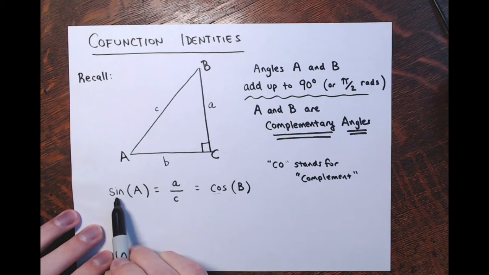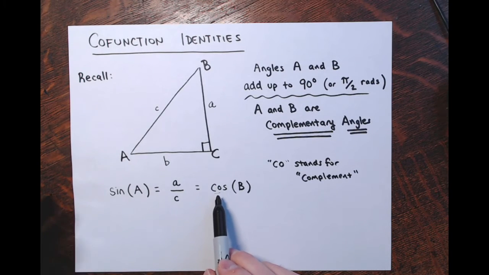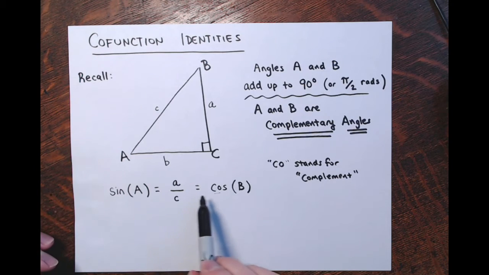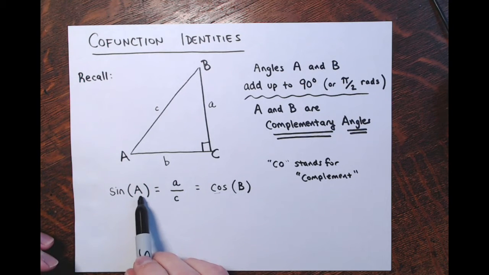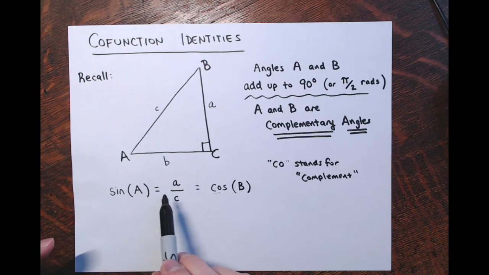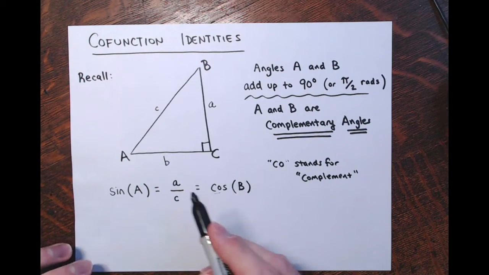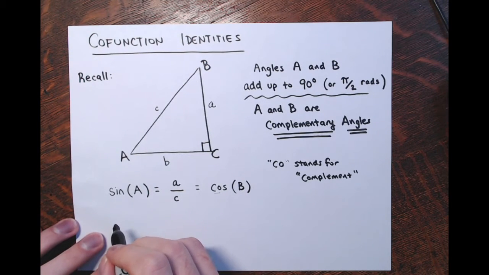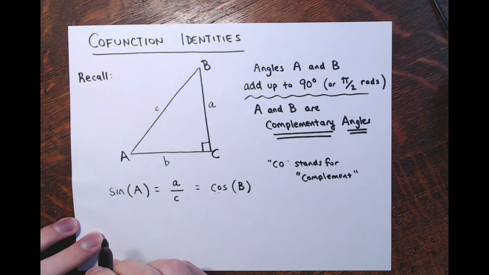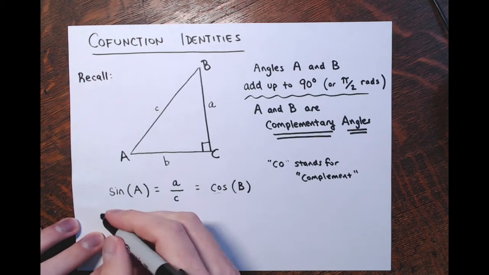So you have sine and complement of sine, cosine. And you see how the angles inside here are complementary angles. So the sine of one angle will be equivalent to the cosine of the complementary angle. Same thing goes for secant and cosecant, tangent and cotangent. The co is for complement of. So let's take a look at this.